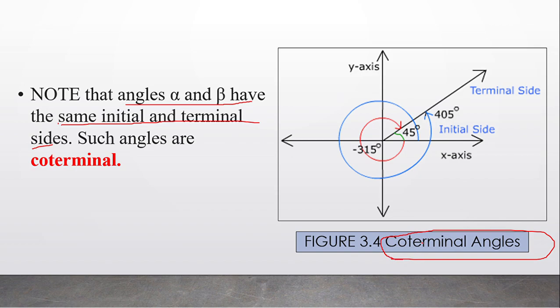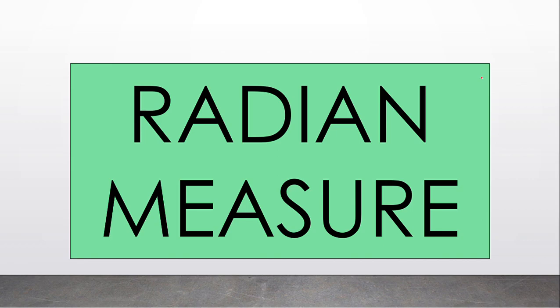So coterminal angles have the same initial and terminal sides. Proceed to the next. Here is the initial side and this is the terminal side.